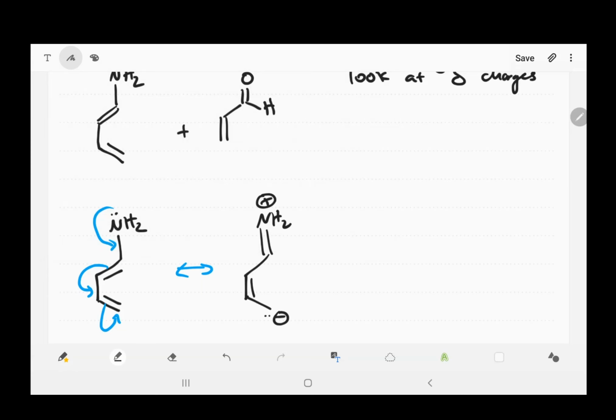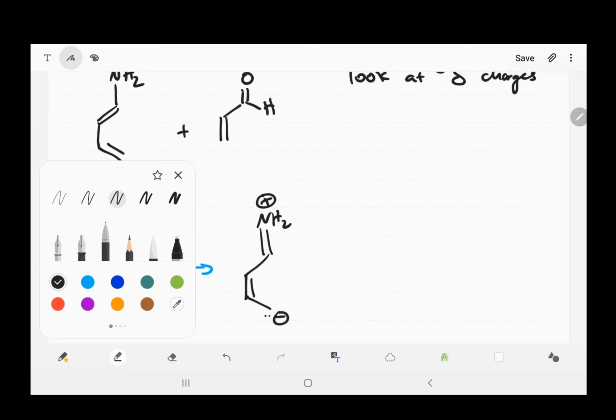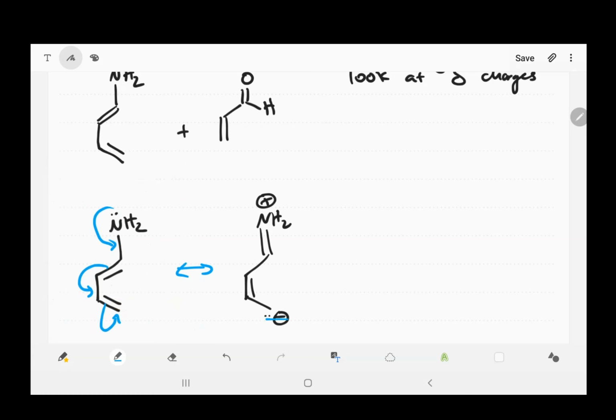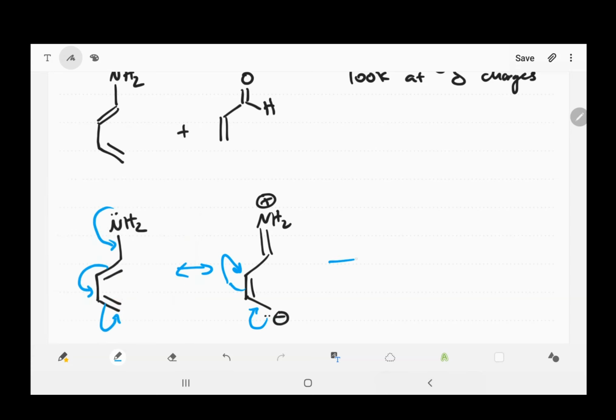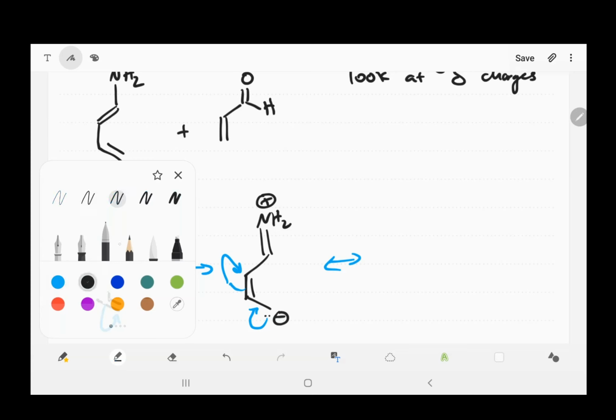So, if we have this, we see that through resonance, if we felt like it, we could push electrons onto carbon number 4 there, down at the bottom, giving it a negative charge. If we really wanted, we could also have said, okay, well, let's mess with this some more. Let's push those back, and this time let's go ahead and stop right here. We could do that either way.